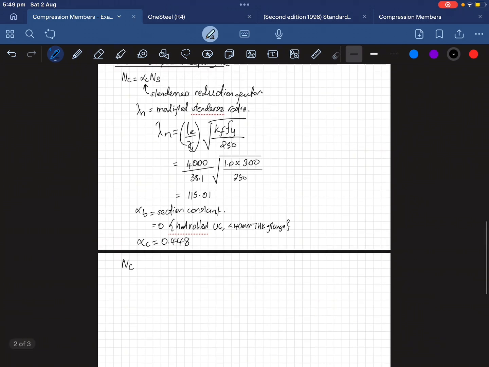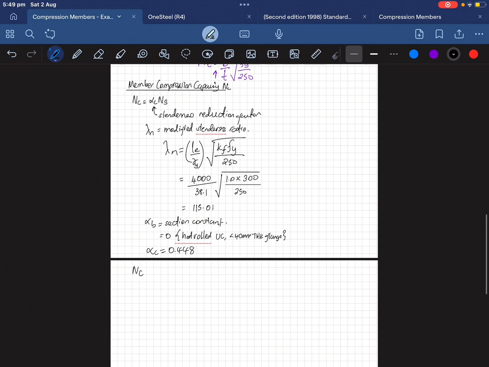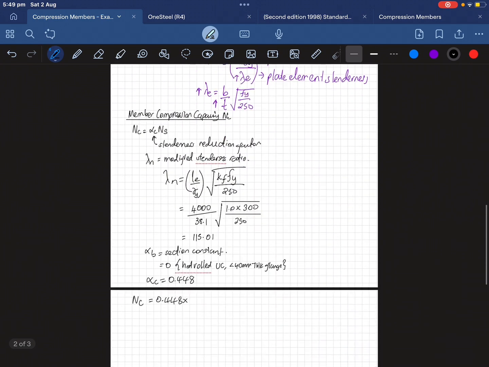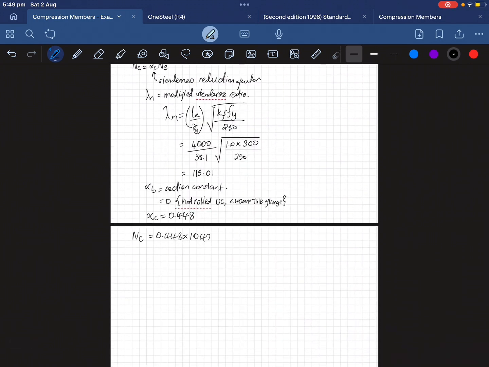Then the member compression capacity NC is going to be 0.448 times NS, which we calculated before, which is 1042. So 1042, and that should give you 466.9 kilonewtons.